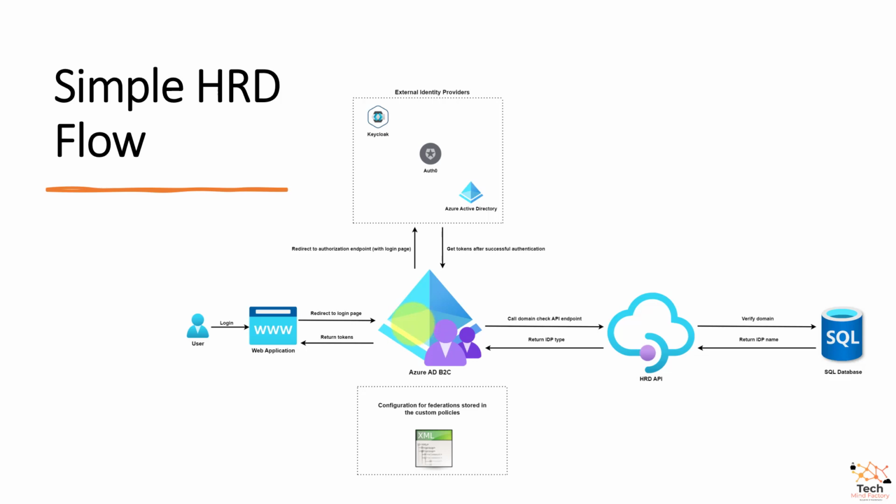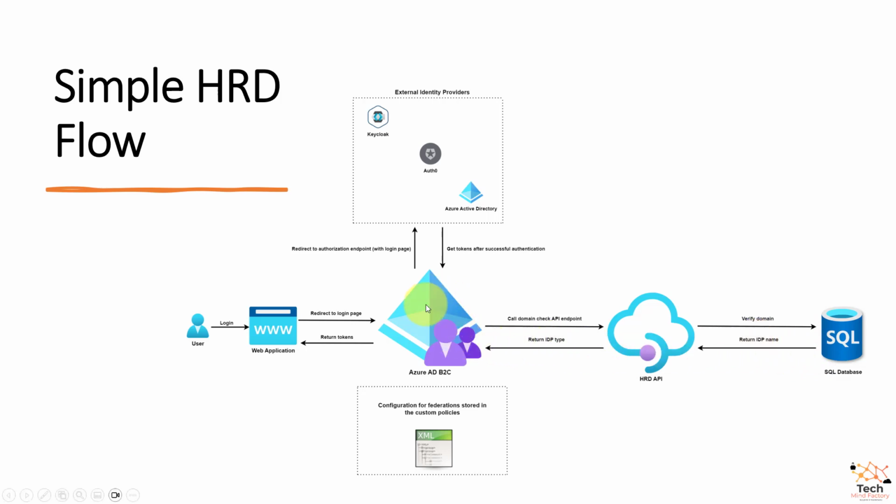And now underneath, Azure AD B2C calls HRD API to check the domain, to verify it. So as you can see underneath, we have SQL database, and in this database, we have information about external identity provider. So we have the matching between domain and identity provider that should be used to sign in specific user.